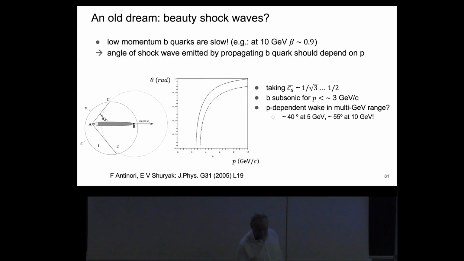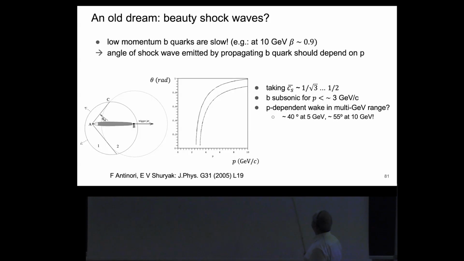And okay, this is really crazy, but since I'm with friends, I can. Low momentum beauty quarks are slow because they are heavy. So a 10 GeV beta is still 0.9 for a 10 GeV beauty quark. And since they are not ultra-relativistic, one could have a shock wave which depends on the momentum.